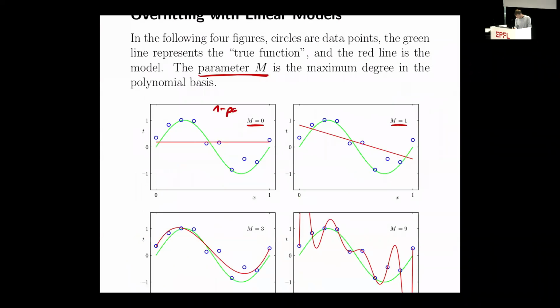That corresponds to using a degree 0, right? Because we don't use any x here. And then the second one here is the 2 parameter model. That means we have W0 times nothing plus W1 times x.